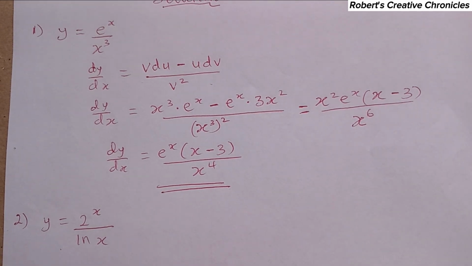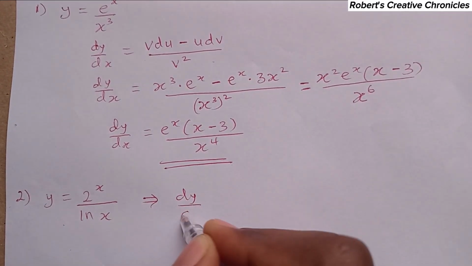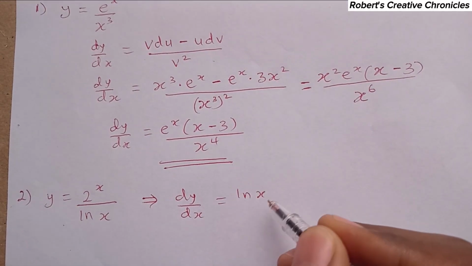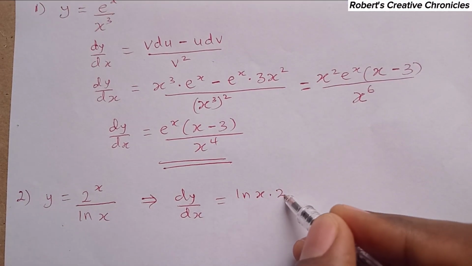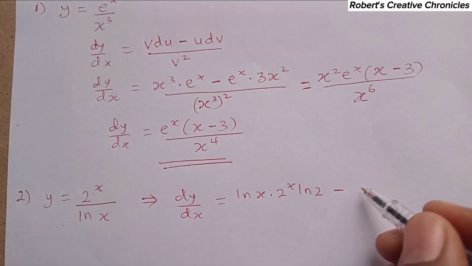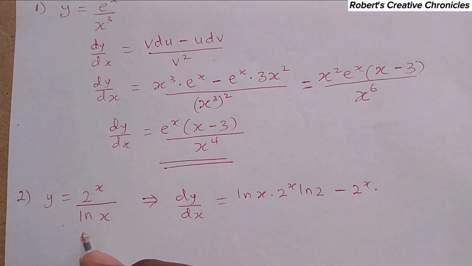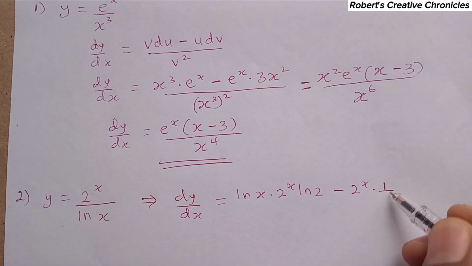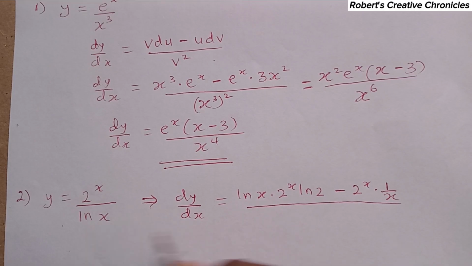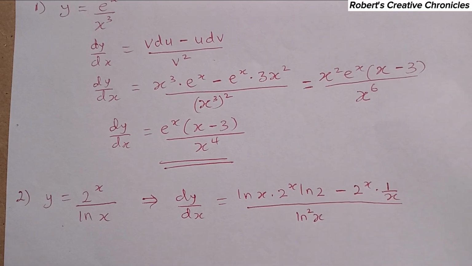In the same way, dy/dx is v, here ln x, times the derivative of u, that is 2 to the x ln 2, minus u times the derivative of v. The derivative of ln x is 1 over x. Then over v squared, that is ln x squared.